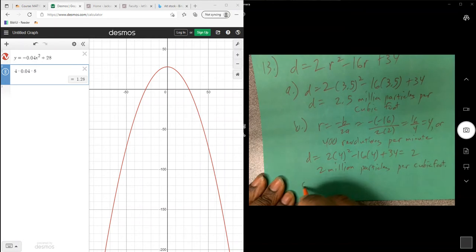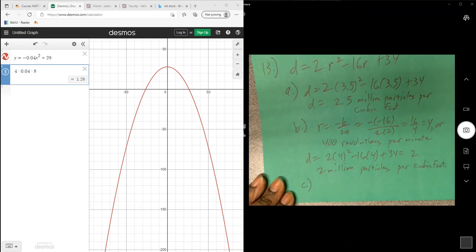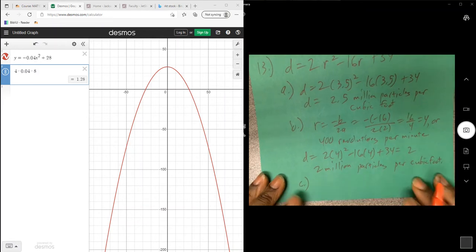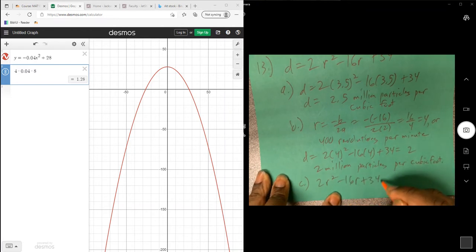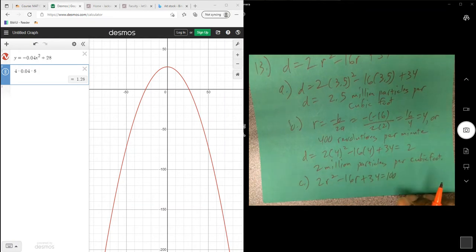Okay, now C. It says if the density of smoke is determined to be 100 million particles per cubic foot, determine the speed of the engine. So we had 2r squared minus 16r plus 34, and we would set it equal to 100.